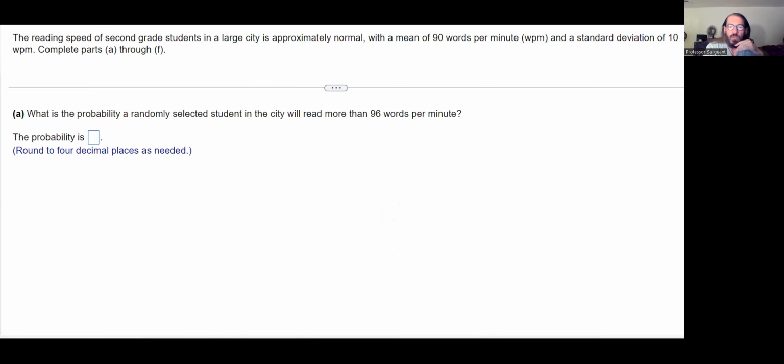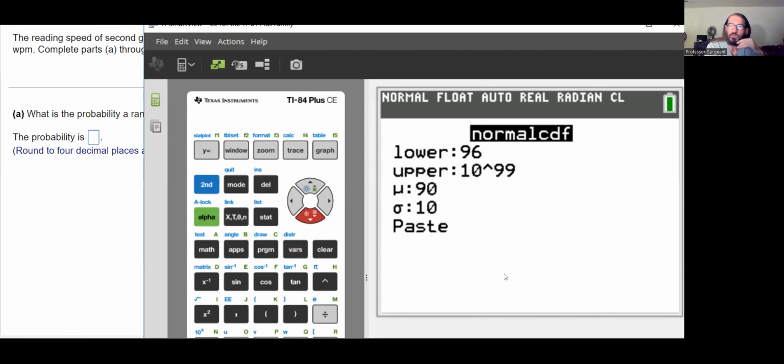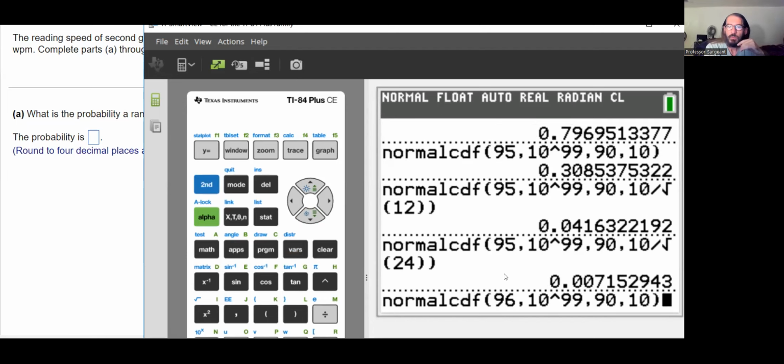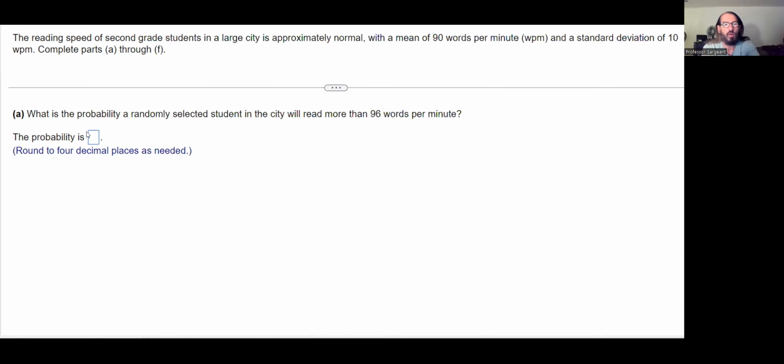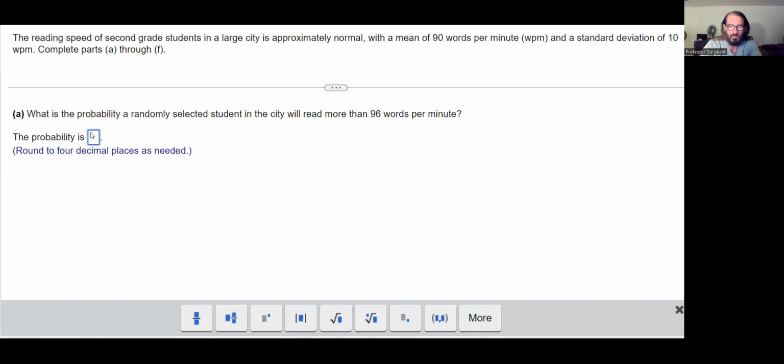Mu is 90 and sigma was 10. I was working on a similar question with a face-to-face class recently, and they want that rounded to 4 decimal places. So the 5 in the 5th place is going to round that to 0.2743, rounding to the nearest 10,000ths.